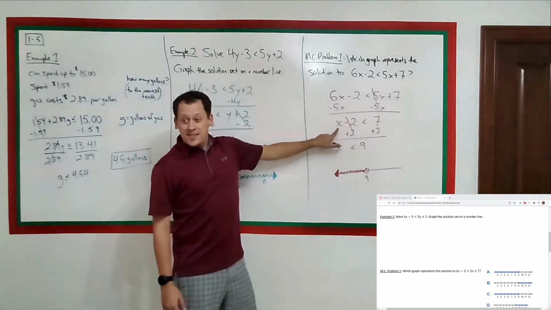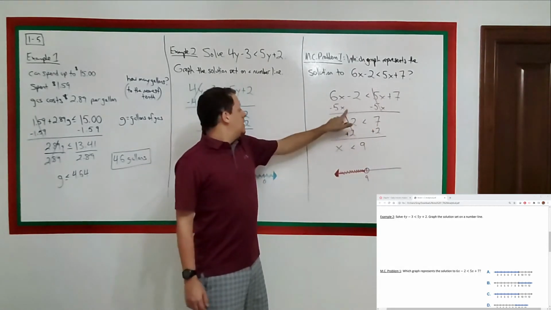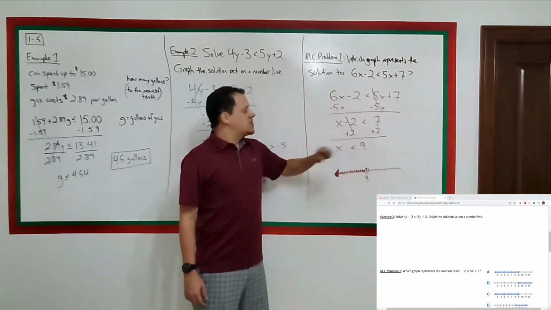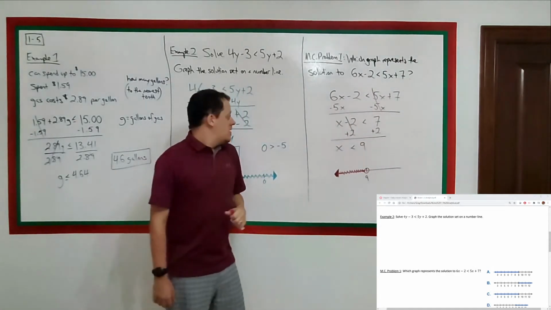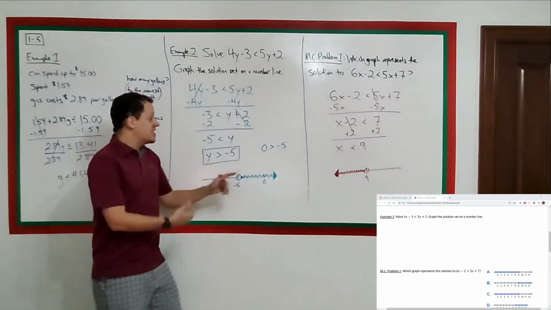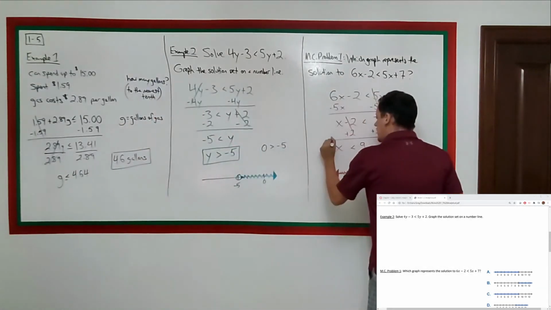To get the x by itself, we add 2 to both sides because this was a minus 2. Those 2's canceled. We're left with x on this side. 7 plus 2 is 9 on that side. Now, for this one, we didn't have to move it around like we did here because the x is already on the left. So this was really the inequality.